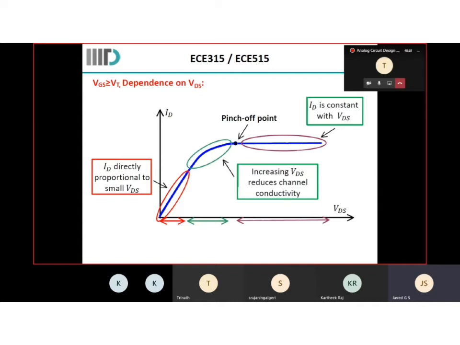That region is where you are slowly physically distancing from your channel, from your source to drain. At one particular point you will see no further charge can be transferred, and that is where your pinch off point is defined.